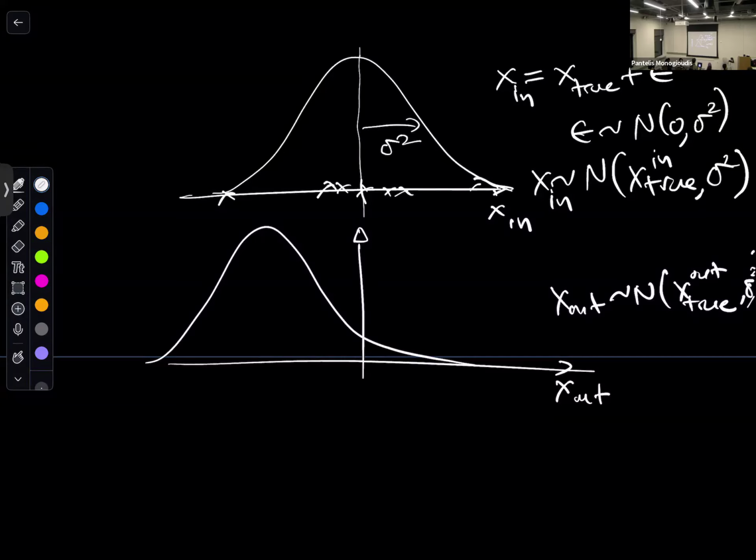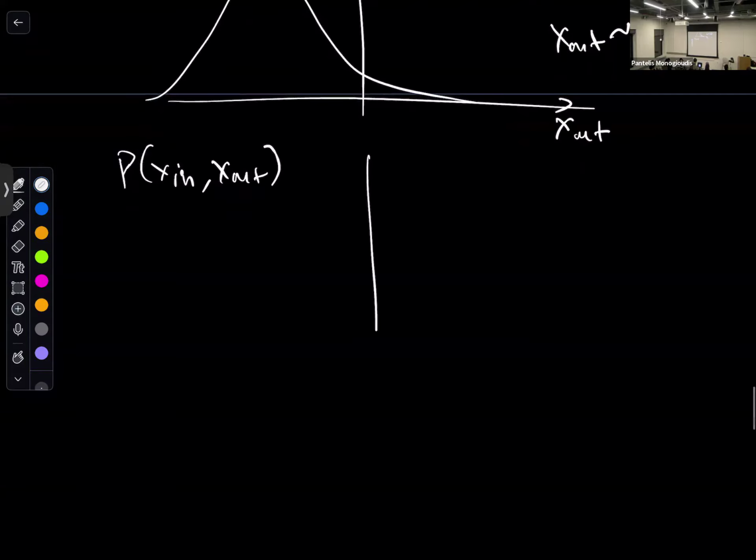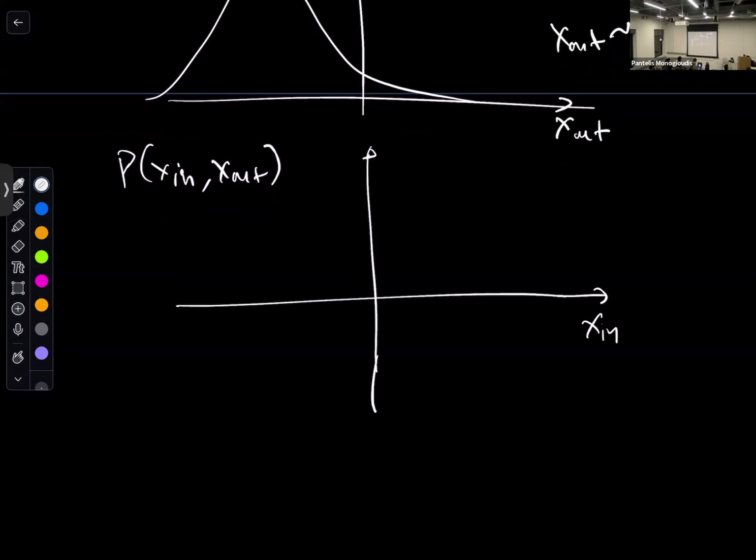Okay, so I asked you about the joint, P of X in, comma, X out. If we are to plot in what we call a scatter plot, let's call X out here.